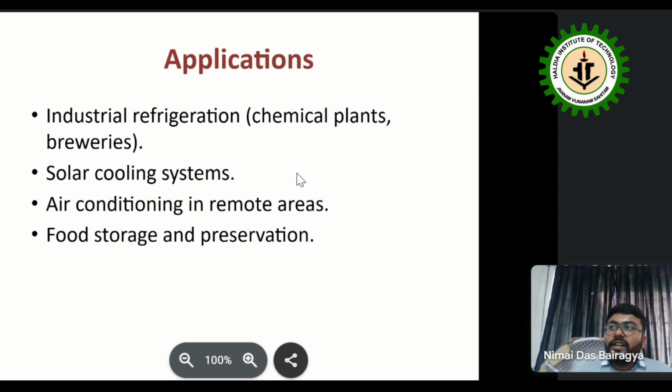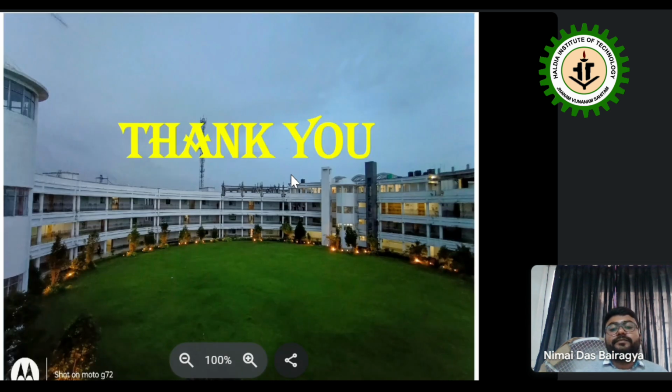We can also use it as an air conditioning system in remote areas where electricity is not available, or electricity cost is very high. We can also use it for food storage or preservation purposes. So these are the applications of this vapor absorption refrigeration system.